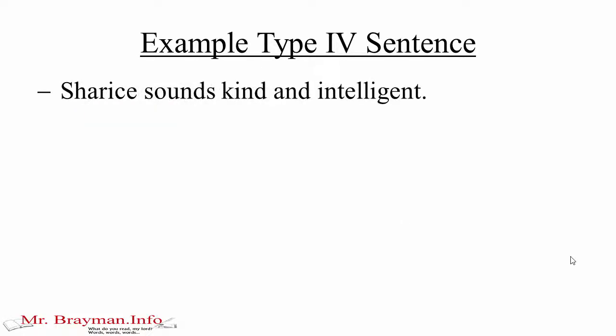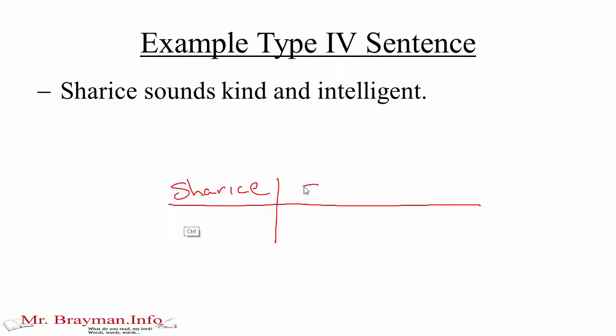All right, so let's look at our next one here. Once again, we'll start with the subject and predicate. And once again, the predicate is a form of the verb to be. This one's a little bit tricky, though, because we have a compound predicate adjective.